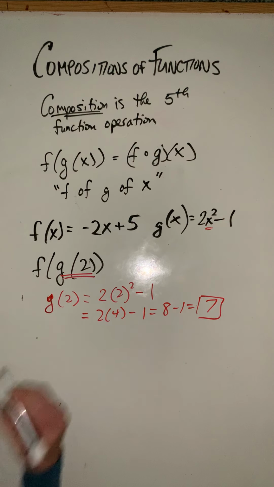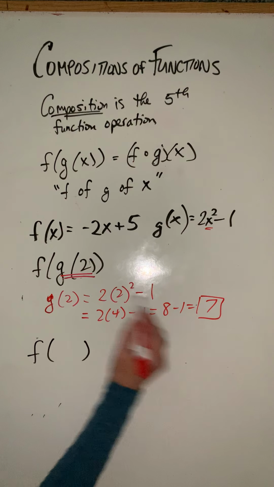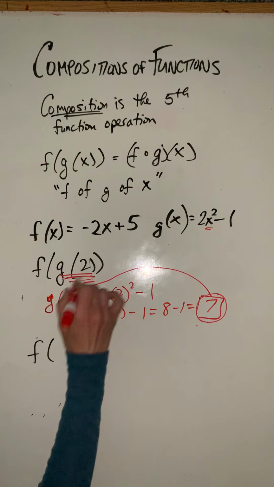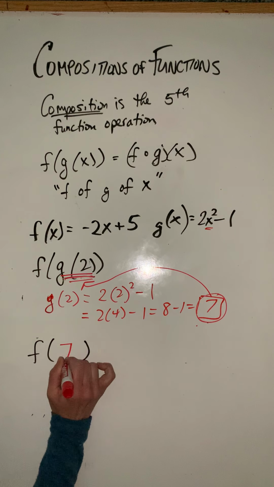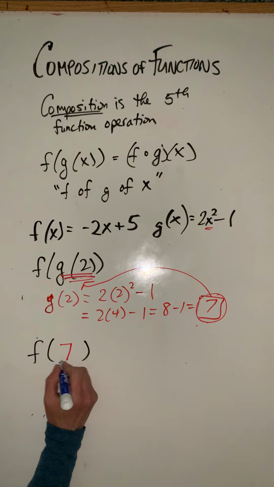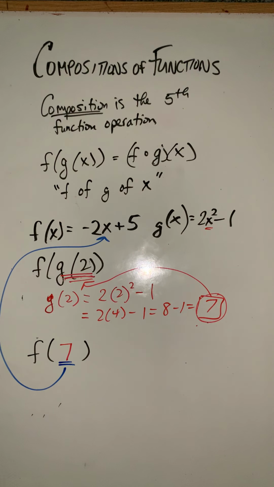But I don't want to know g of 2, I want to know f of g of 2. Since I know that g of 2 equals 7, I can put the 7 in place of g of 2. Now all I have to do is evaluate f of 7. I'm going to take 7 and plug it in for x in that function f.